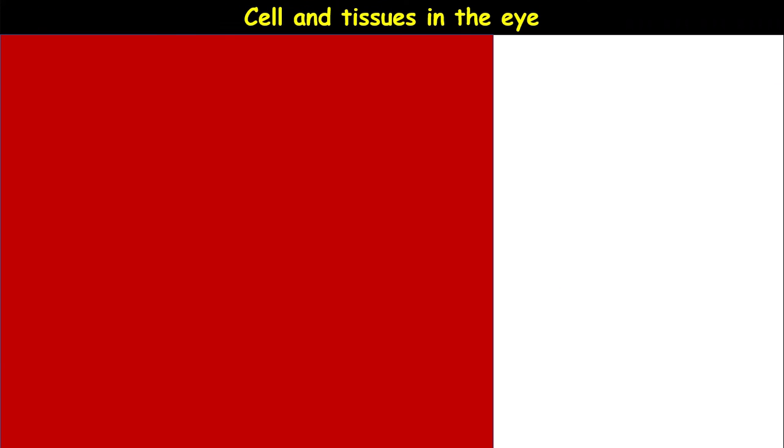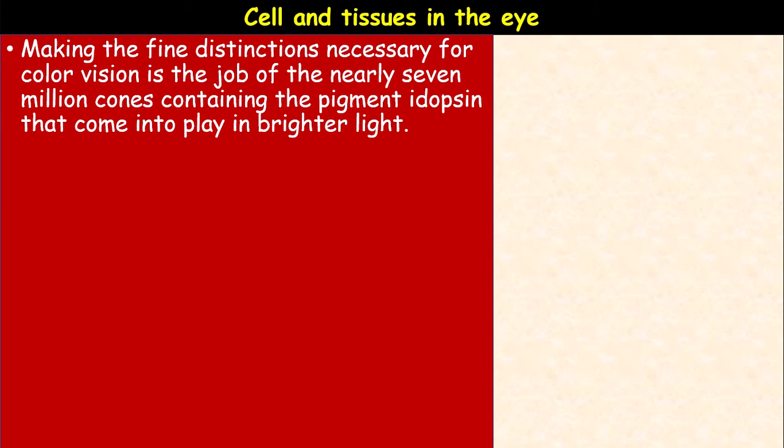Next, the cells and tissues in the eye we are discussing. So, what are the cells and tissues? Mainly two types of cells are present in the retina, the rods and cones. What is the pigment present in the rods? Rhodopsin. Now come to the next.